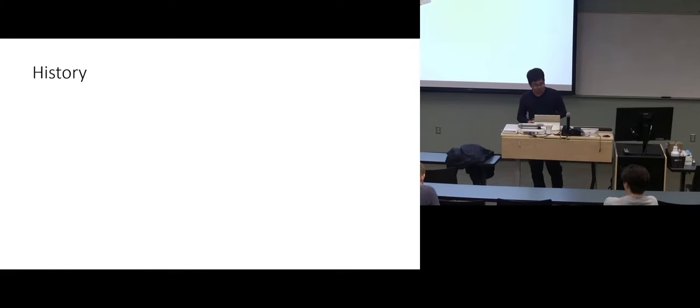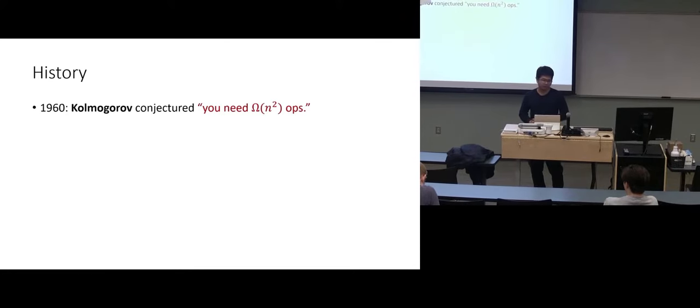The history is that something like 60 years ago, a Russian mathematician called Kolmogorov wanted to give a seminar discussing this problem, and he wanted to make a conjecture that this is the best way to do it.